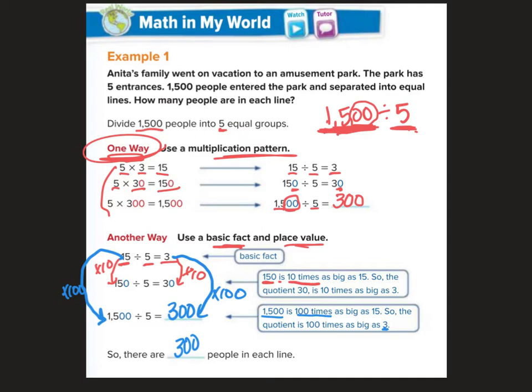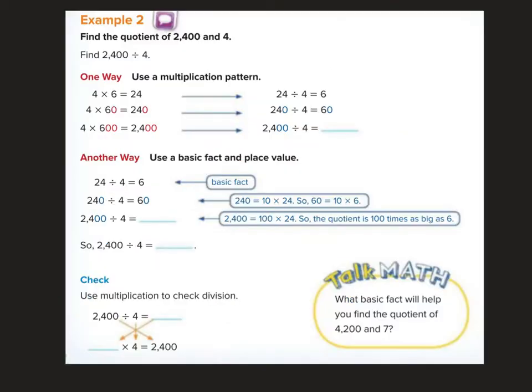All right, let's look at some more examples here. Find the quotient of 2,400 divided by 4. So what I'm going to pick out is anything that's not a 0. So I'm going to pick out the 24 and 4, right? There's no zeros there. 24 divided by 4, that's our basic fact, right?